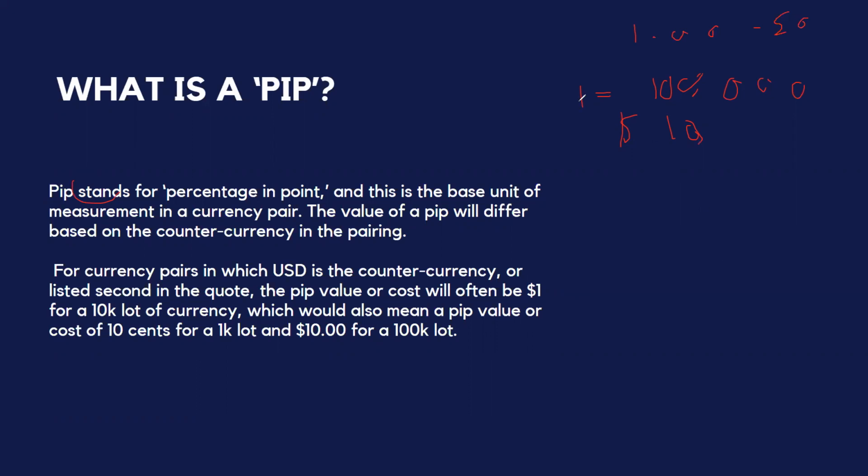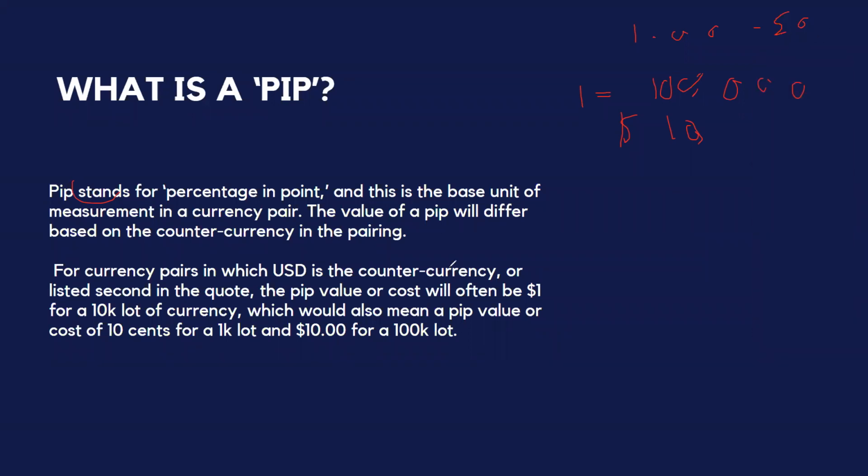Why? Because one standard lot size is equal to $10. And if it moves 5 pips in your direction, you're going to be in profit of $50, because 10 times 5 is equal to 50.